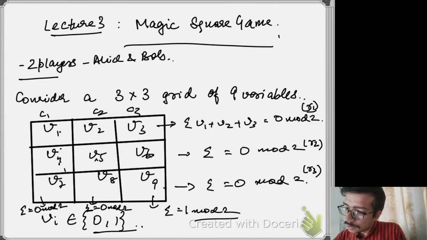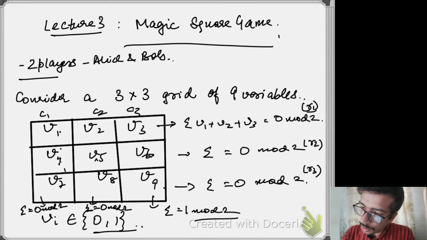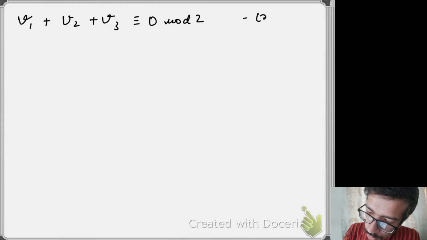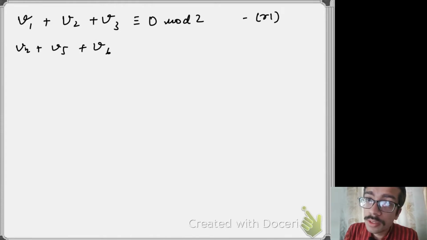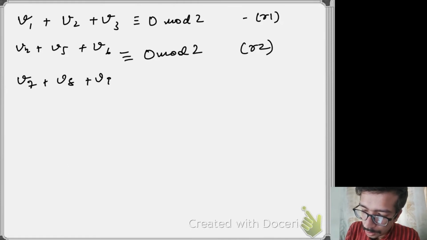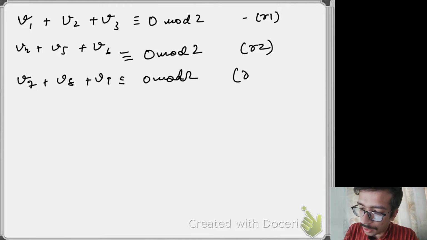Okay. Let me write these constraints down as well. V1 plus V2 plus V3 is 0 mod 2, which I call R1. V4 plus V5 plus V6 is 0 mod 2, I call this R2. V7 plus V8 plus V9 is 0 mod 2, R3.